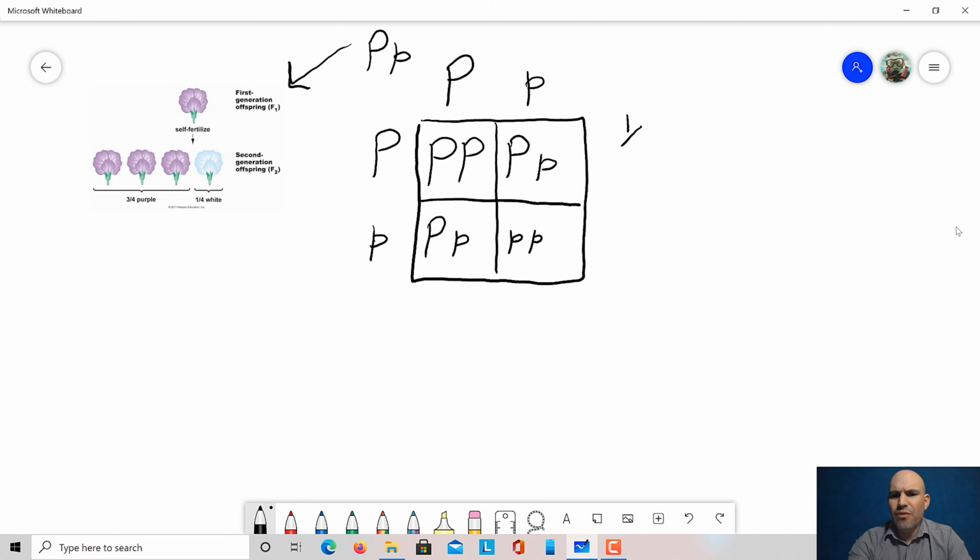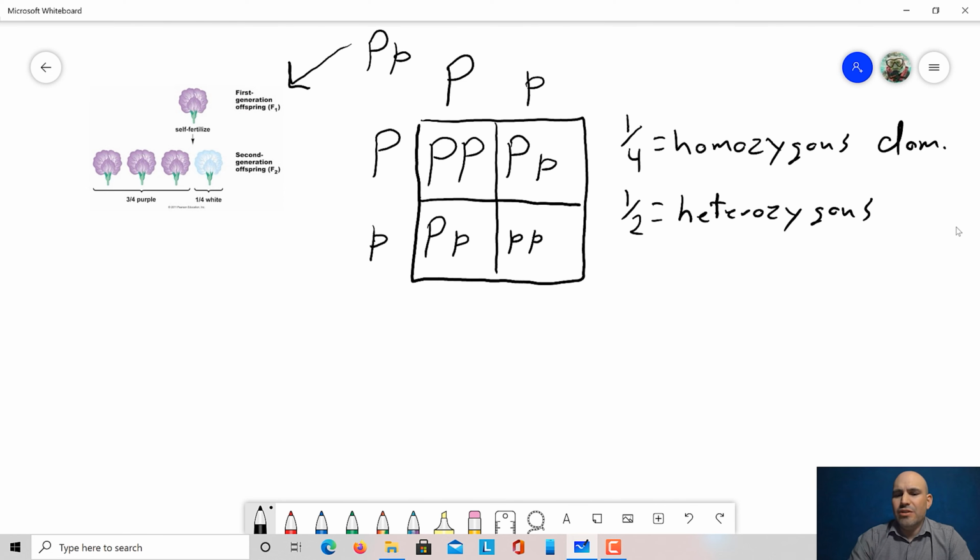We have 1/4 of our squares homozygous dominant, and we have 2/4, which is 1/2, heterozygous. And there's no heterozygous dominant or recessive. We just call it heterozygous. And then we have 1/4 homozygous recessive.